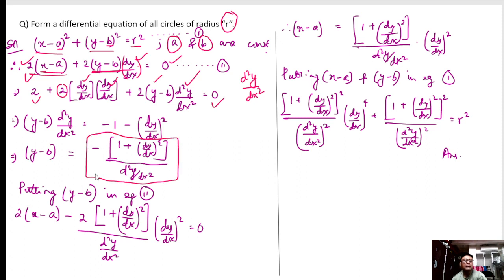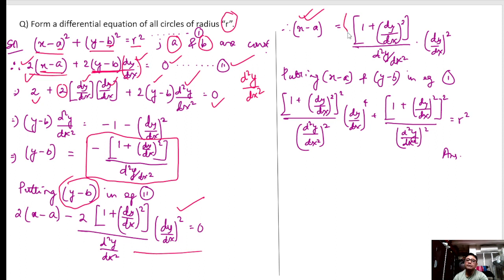Now putting the y minus b in equation 2, the second equation, we get this. In the second equation, if I put y minus b, I am getting this equation. So from here we are separating the x minus a.